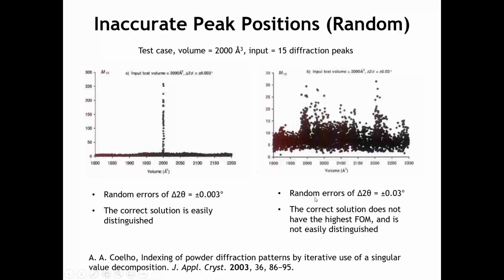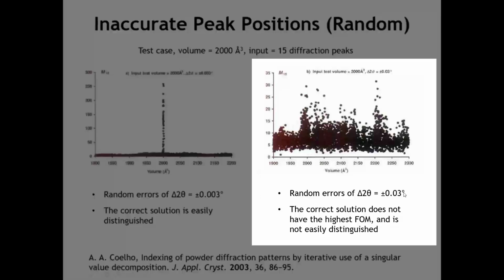If you do that same thing and you have errors of 0.03 degrees in your 2 theta values, randomly assessed, well, look what happens now. Your discrimination of the correct answer has really gone downhill. In fact, probably the highest figure of merit is out here at just above 2,200 cubic angstroms. That's not the correct answer.